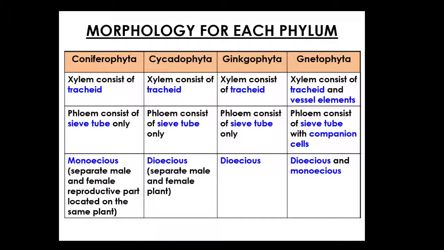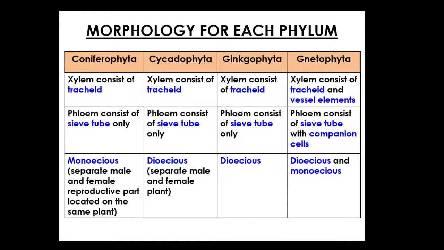Coniferophyta are monoecious. That means you can have male and female reproductive parts. So male and female reproductive cones on the same plant. You see one branch has a female cone, another branch will have a male cone. So conifers are monoecious. One plant can have male and female. For cycads, they are dioecious.